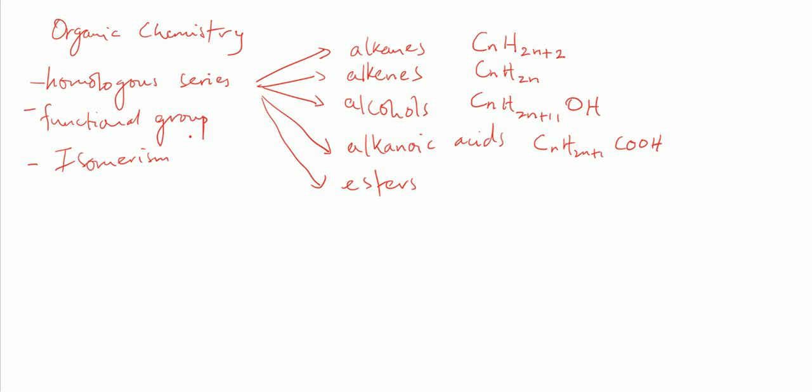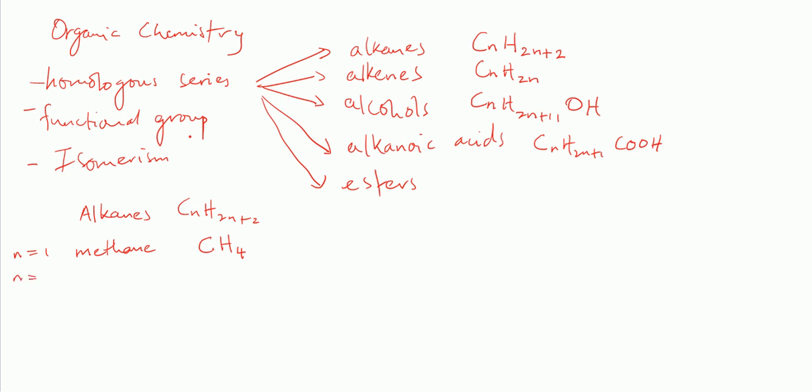Now, here's the thing. If we were looking at the alkane homologous series, the general formula is CnH2n plus 2, right? The first alkane that we have is methane, and the formula is CH4. In this case, n is equal to 1, so if we plug this 1 into the formula as n, we end up with C1, H2 plus 2 will give me 4.